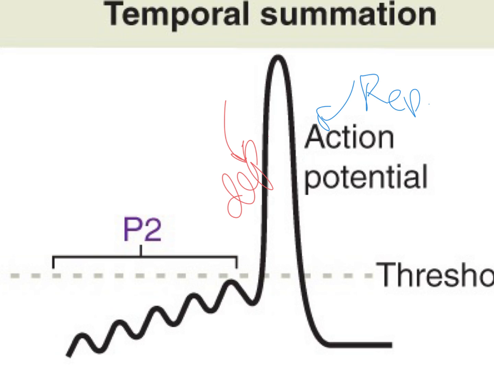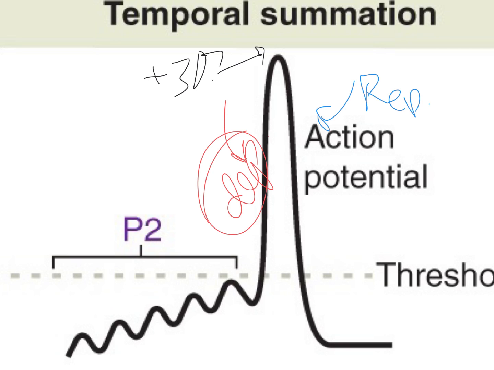What channels are open during depolarization? Voltage-gated sodium channels. What happens right up here at positive 30? What happens to those channels? Someone besides you two. Na shuts off and potassium opens.